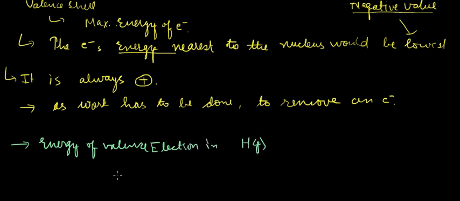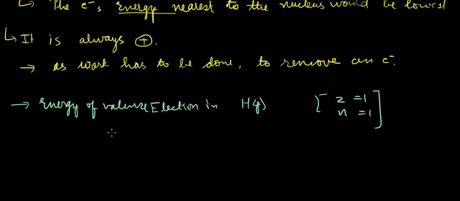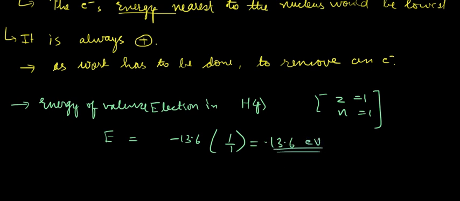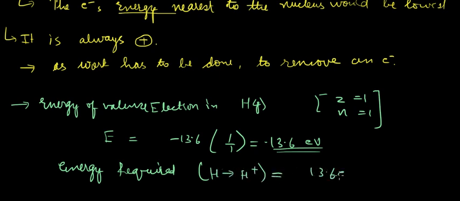So Z here is 1, and n here is also 1, as the valence electron is in n equals 1 or K shell. So energy would be minus 13.6 Z square upon n square, which would be 1. So it would be minus 13.6 electron volt. So the energy required to ionize H into H plus would be 13.6 electron volt.